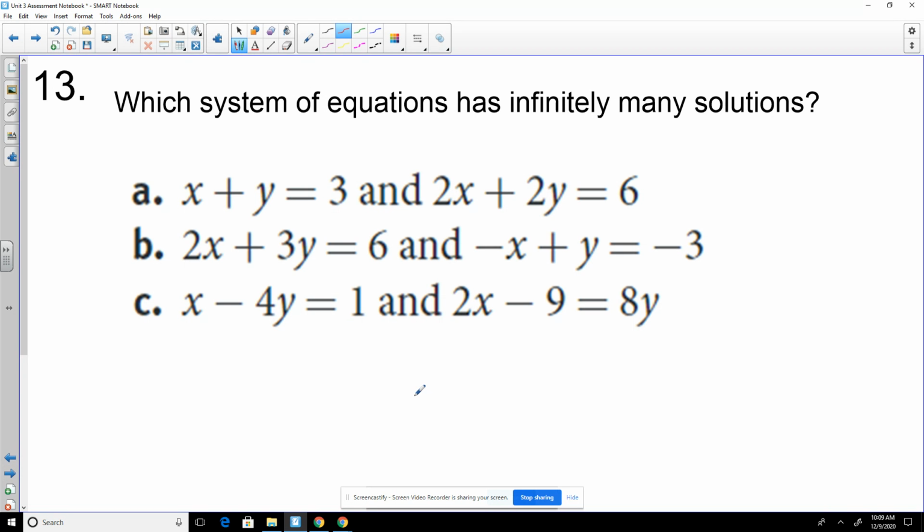Okay, number 13. Which system of equations has infinitely many solutions? Well, you've got to know what infinitely many solutions looks like. Again, infinitely many solutions is two equations that form one line that touch in all places.